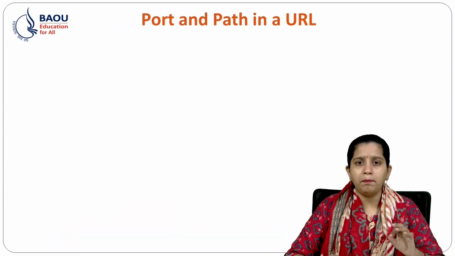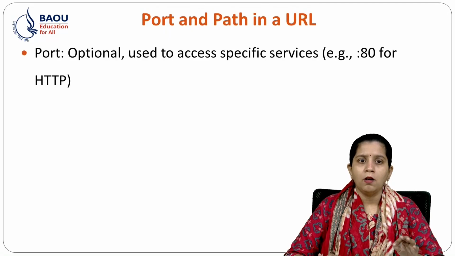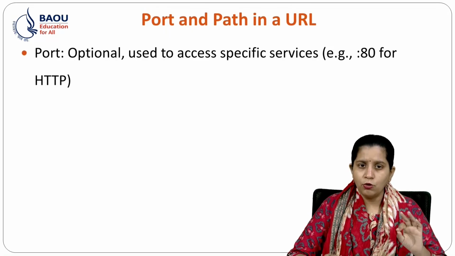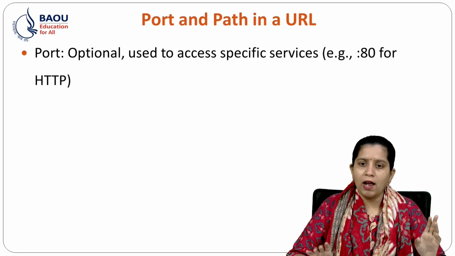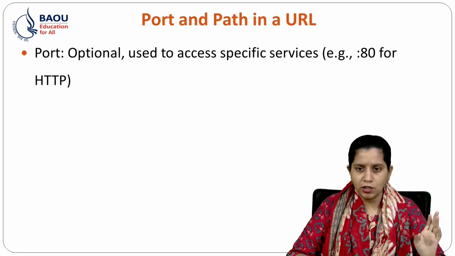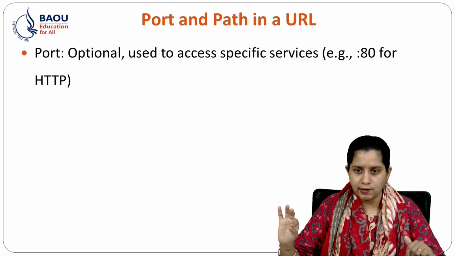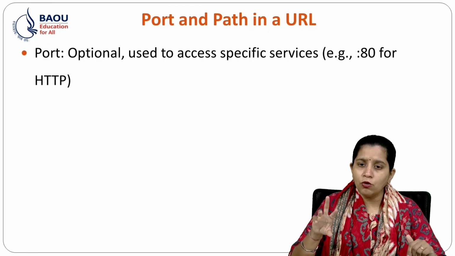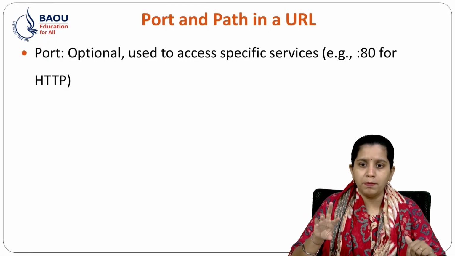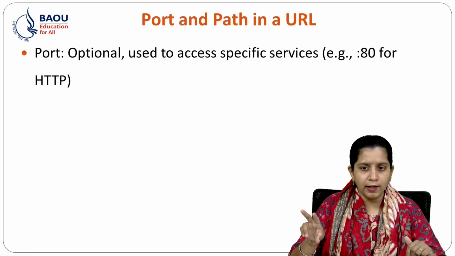Now port and path in a URL. The port is optional and used to access specific services: 80 for HTTP, 8080 for HTTPS. You will get to know the difference between HTTP and HTTPS at a later stage.